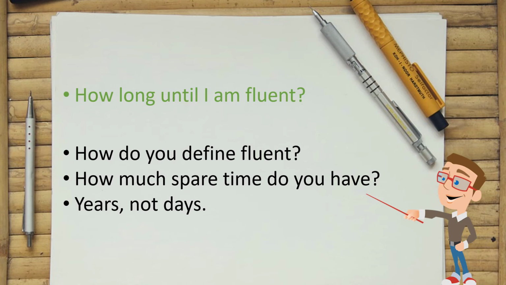Now, the CEFR organizes language proficiency into 6 levels, A1 to C2, which can be regrouped into 3 broad levels of basic user, independent user, and proficient user. And depending on the level that you want, it can take months or even years to hit your goals.